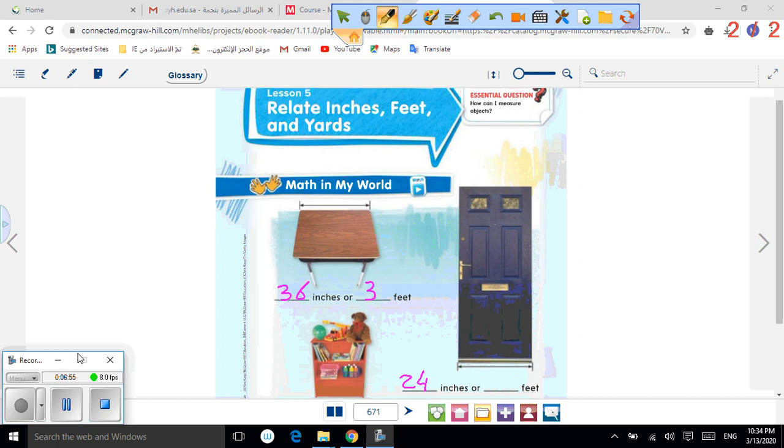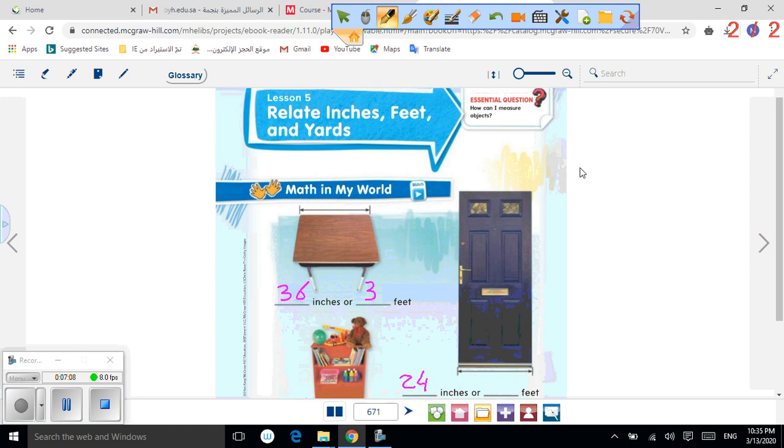Also, by using our rules, we know that 12 inches equals 1 foot.